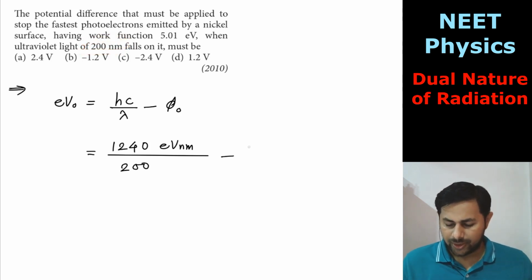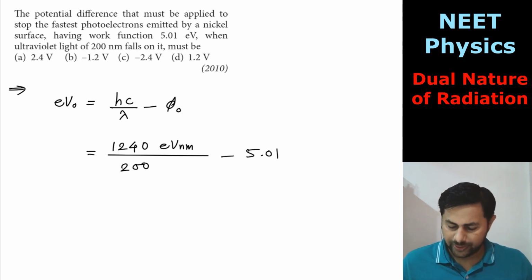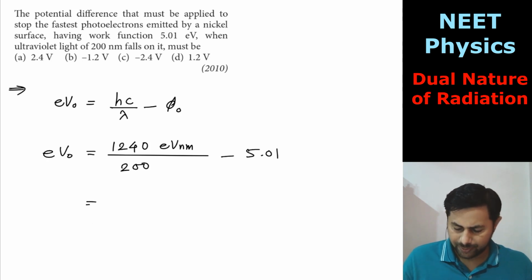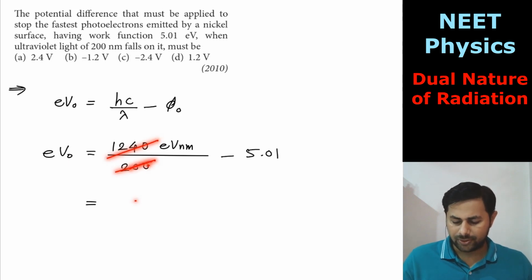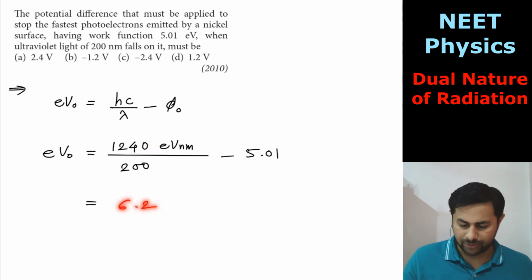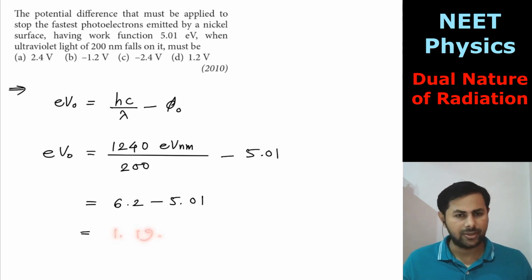So minus the work function, which is 5.01, and that is E times V naught. If we divide that, what do we get? Shift the decimal point, so 12.4 divided by 2 is 6.2. 6.2 minus 5.01 is 1.19, or nearly you can say 1.2.